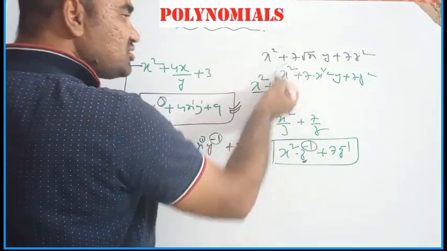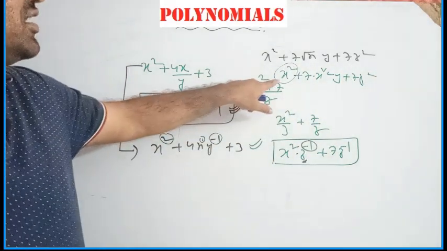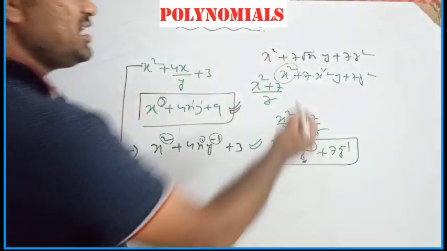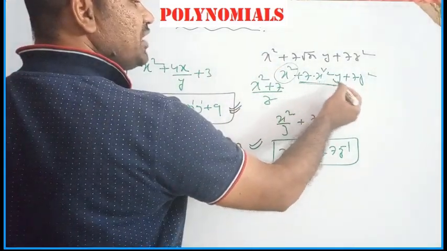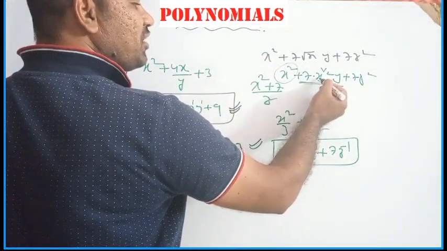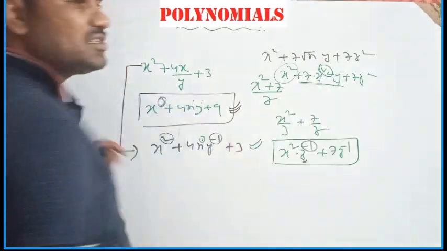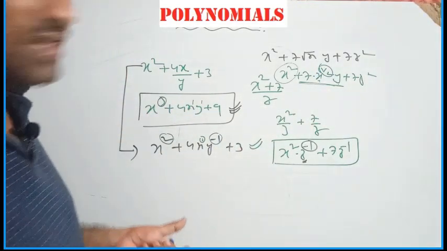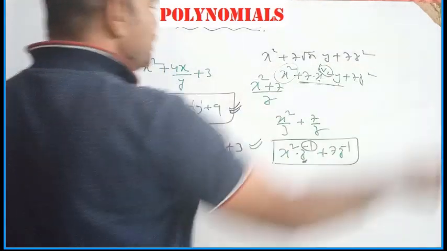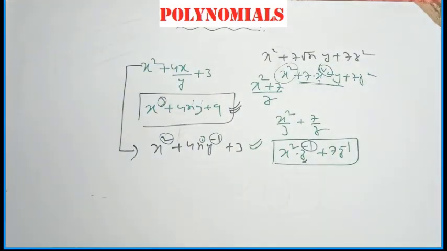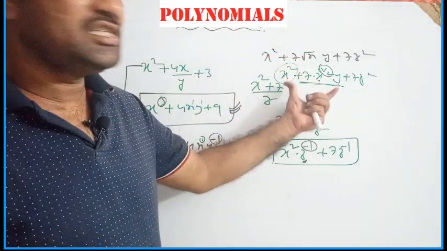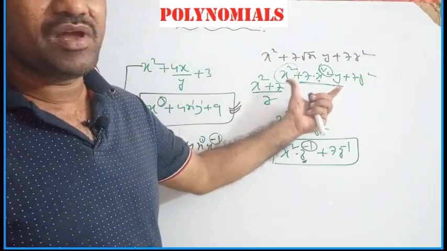In the first term the variable is x, its power is 2. In the second term, involving two variables, namely x and y, the power of x is 1 by 2, which is not a whole number. Okay. So that's why the total algebraic expression is not treated as a polynomial. So this is only an algebraic expression, not a polynomial.